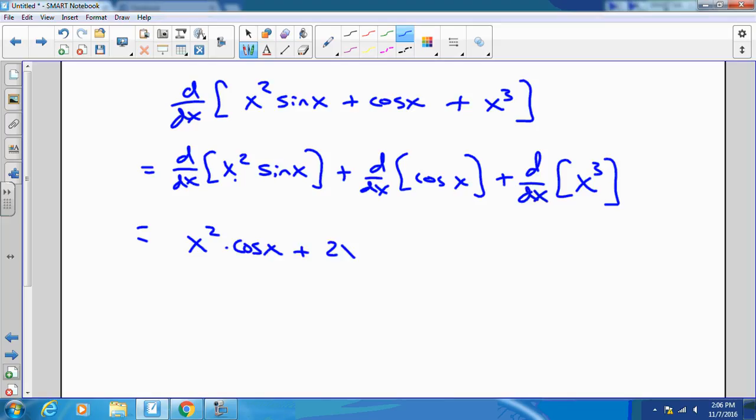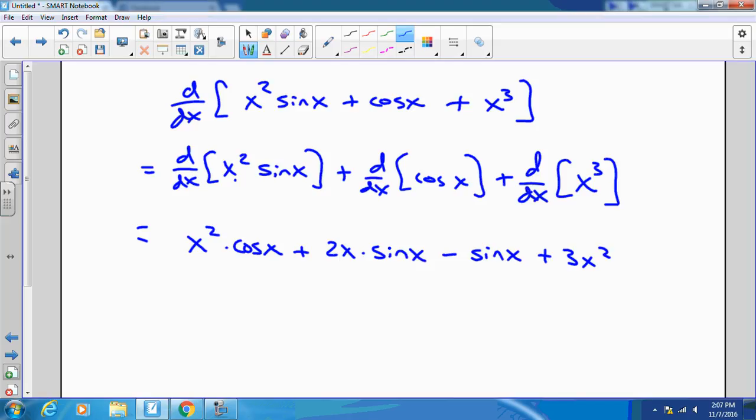And when we get to here, do not forget the product rule. First times the derivative of the second plus the second times the derivative of the first. Notice, just out of habit, I write my trig functions last here, because otherwise it might imply that I'm multiplying the argument.